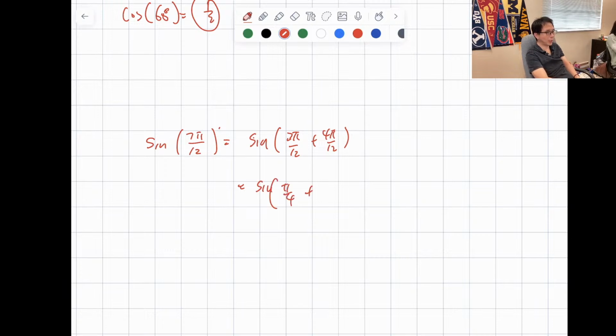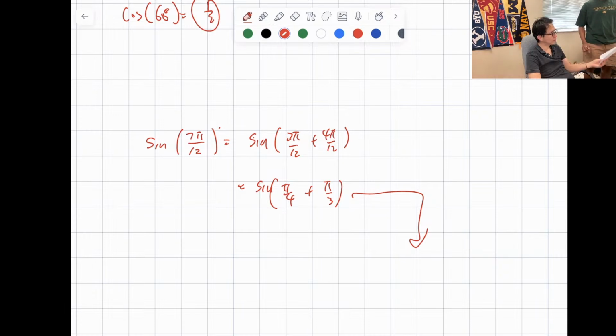Pi over 4 plus pi over 3. And then you can finish that problem that way. Then to continue, you finish the rest of them. And that doesn't work because the other one is 5 pi over 12. 5 pi over 12 is not gonna work. 6. That's it.